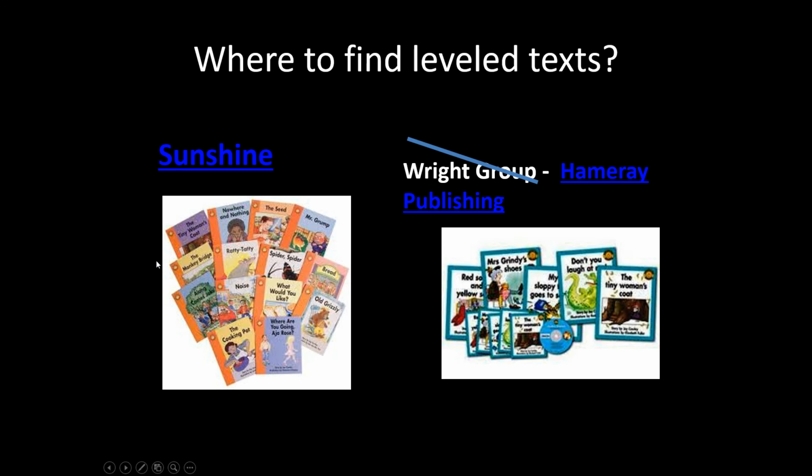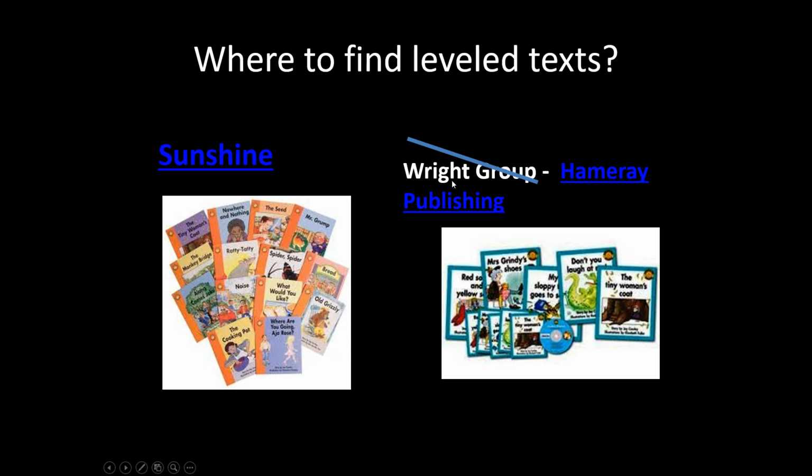Where do you find these leveled texts? Well, about 10 years ago, there were a couple of really good publishing companies. Sunshine Group is still in publication. These are lovely leveled texts, and they have cute storylines, nice picture support. Kids love these books. The other great publishing company was Wright Group.